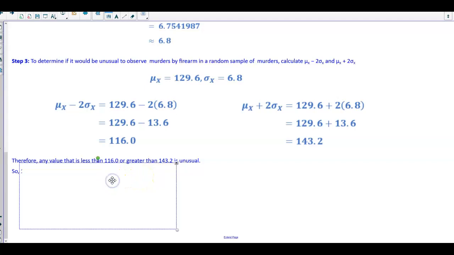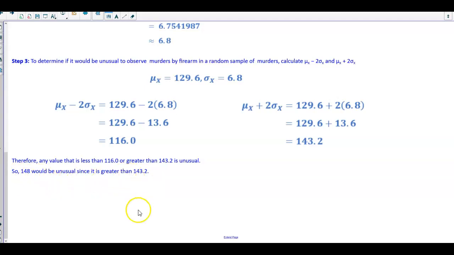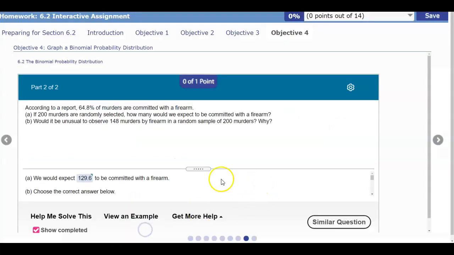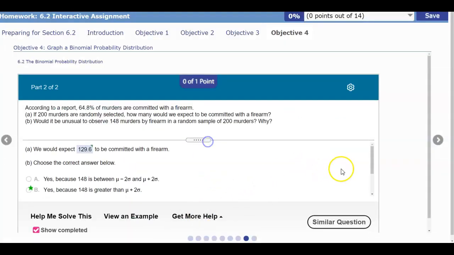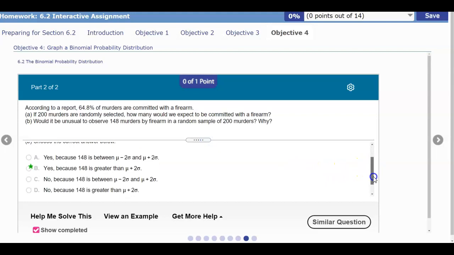And our question was, is 148 unusual? Now, 148 would be unusual since it is greater than 143.2. And so we would answer the question: yes, because 148 is greater than the mean plus 2 times the standard deviation.